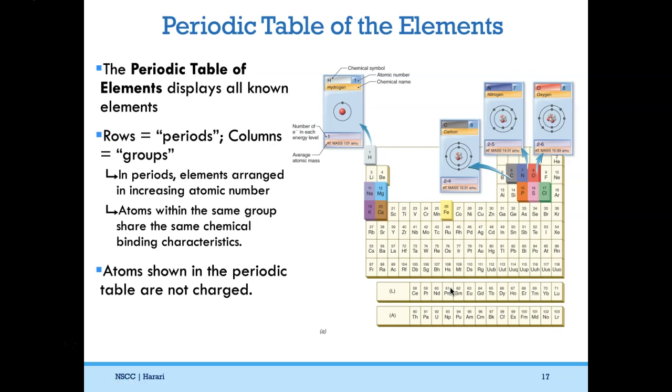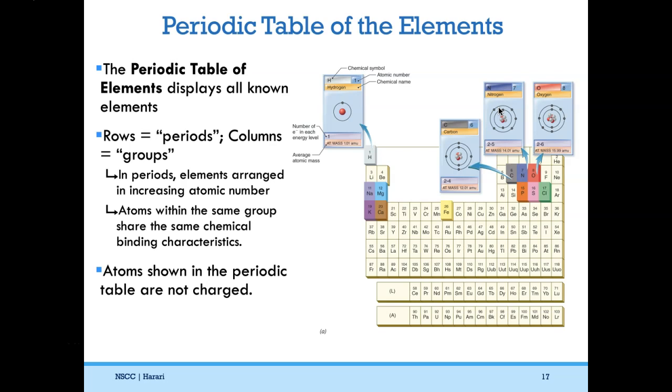No atom on the periodic table is charged. What that means is, let's look at this nitrogen atom over here with an atomic number of 7. That means it has 7 protons. Since nitrogen is not charged, it has a charge of 0. If there are 7 protons, how many electrons would there be?